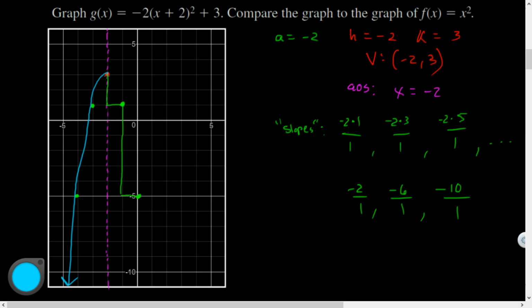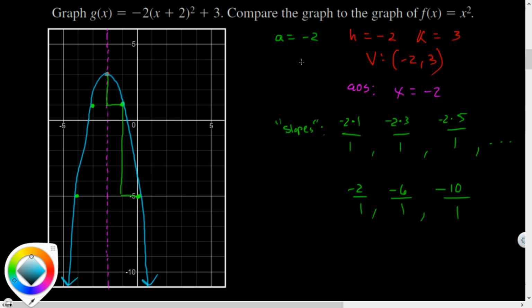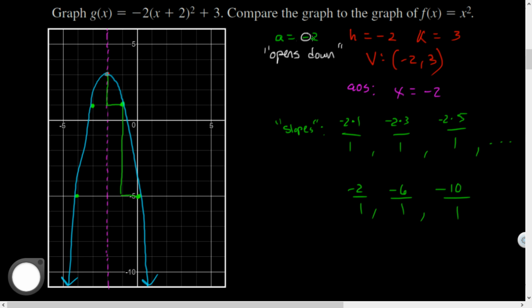How would I have known it opens down before I even graphed? I determined that based off of the A value. Obviously it's pretty clear now, but it opens down anytime A is negative, right? And so, Micaiah, since it opens down, does this have a minimum or a maximum?